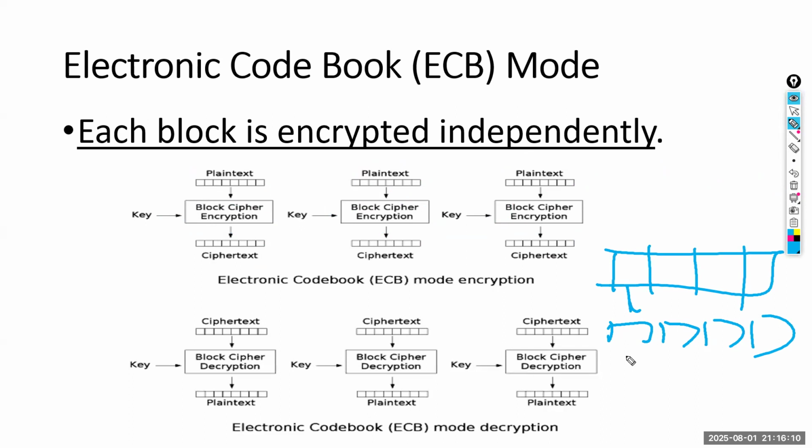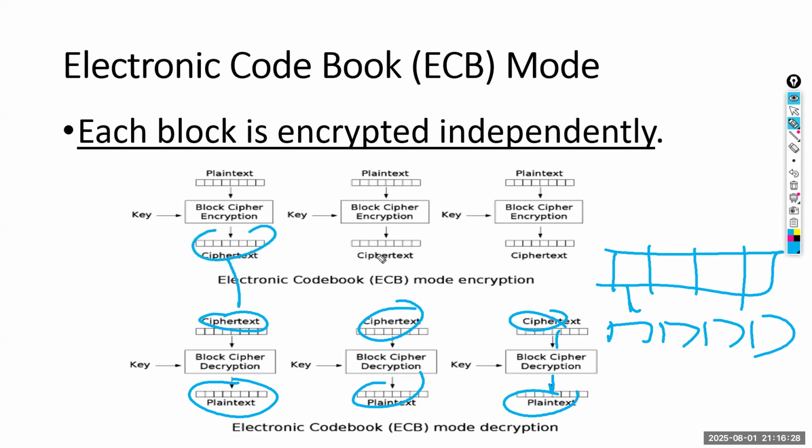And for decryption, each block of ciphertext is decrypted to get the corresponding plain text, with the same key because it's symmetric. So here we keep encrypting block by block, and these are the resulting blocks. Now for decryption, you just decrypt block by block. It's a super simple approach. So that is called electronic code book mode.